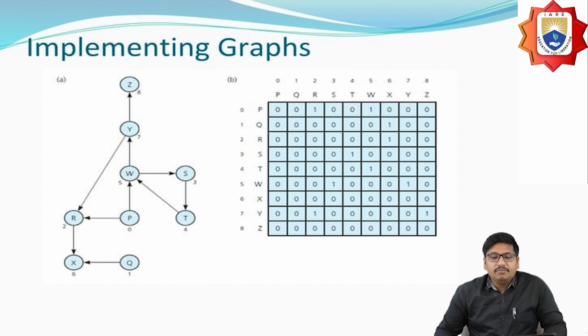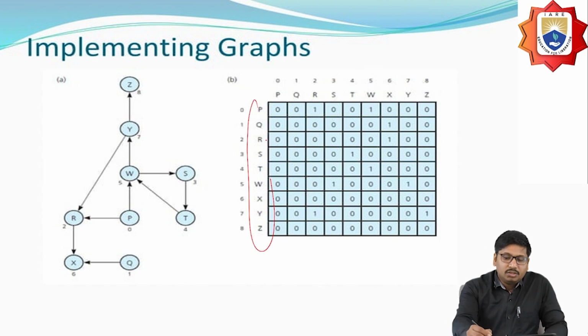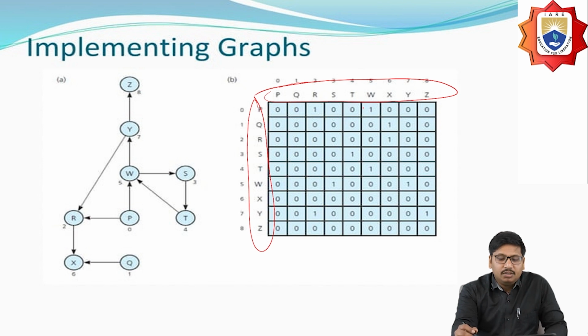Implementing a graph: how are we going to implement the graph? The vertices should be taken along these rows and then columns. If I map P to P, it should be 0. And if there is an edge from P to R, it exists, correct. And P to W will also be 1, and the remaining are all false.